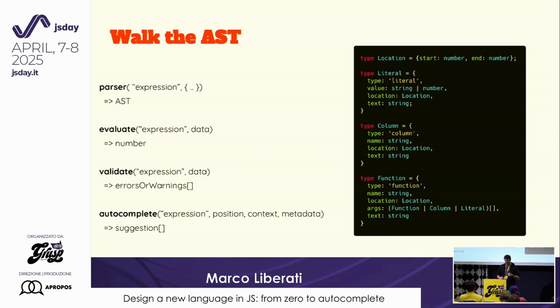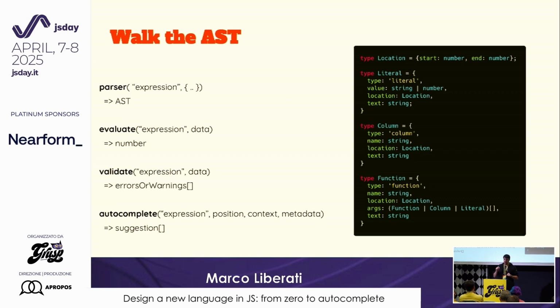With this AST, we're going to define four APIs. The parser one is the one provided by the library. On top of that, we're going to build something like evaluate, so you accept an expression with some metadata and it will output the final number. And then there are the validate and autocomplete APIs. Now, you can see there is a second argument called data, sometimes metadata in these things.